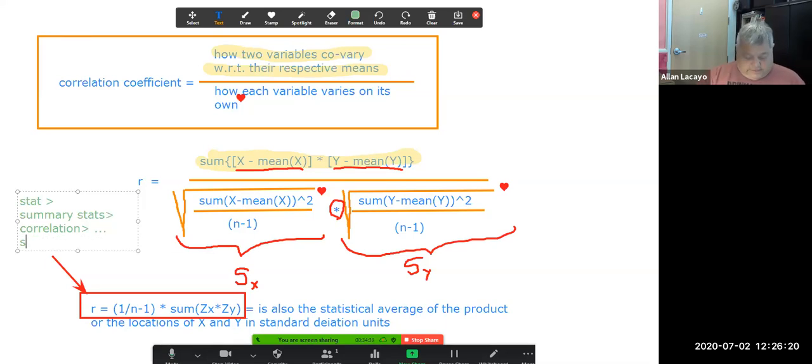Then you select the 2 variables that are quantitative, and then you compute. That's all there is to it. It'll do the math for you. The software will take care of all the steps.